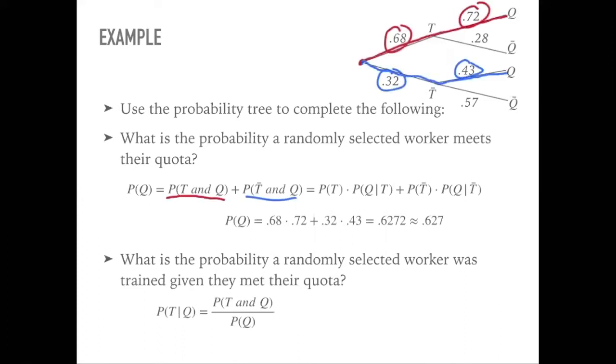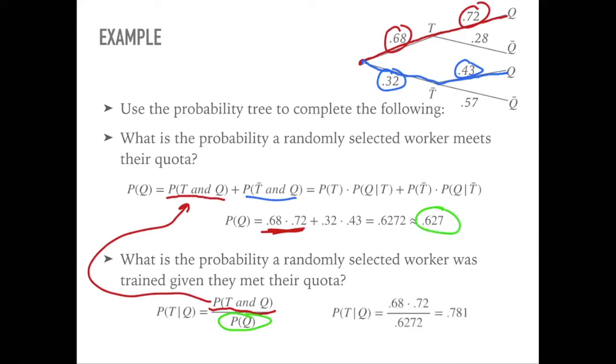We've done the probability of trained and quota, that's up here in red, this part here. And we've also figured out the probability of meeting your quota, that was our first part. So it doesn't take much extra work to find the probability that they were trained given they met their quota.